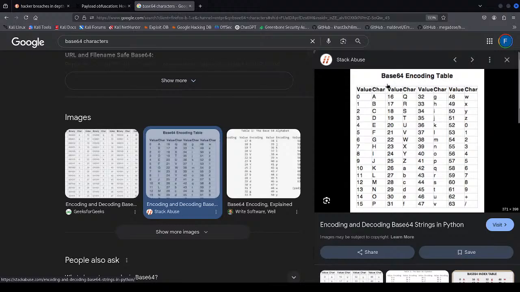As you can see here, the value is down here and then the character. So I'm assuming the value here is interpreted as the character over here. So 16 equals Q, 17 equals R, and so on. So pretty much base64 encoding is responsible for the characters and symbols that we normally use.